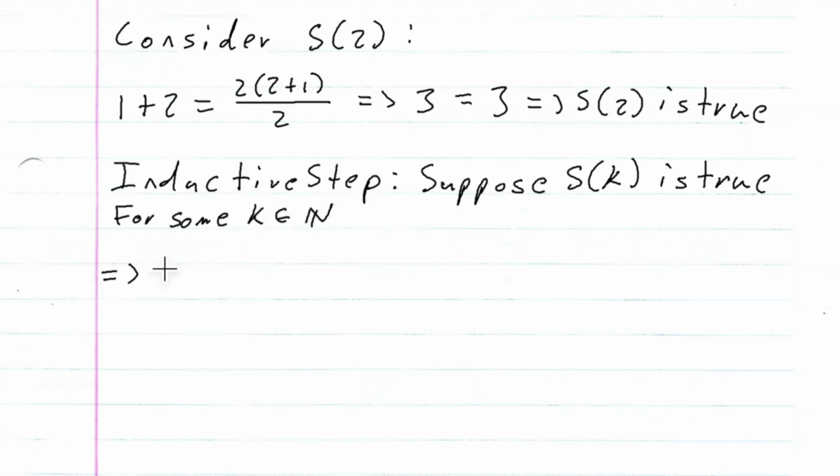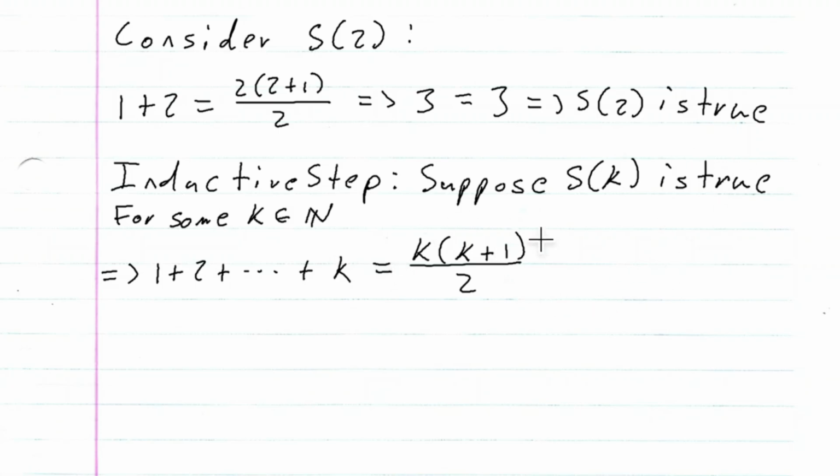So this basically says that the sum up to some k is equal to the formula k times k plus 1 over 2. Now, the inductive step tells us if we can assume that the statement we're looking at is true up to the kth natural number, and then from that assumption, we can prove that the statement works for the next natural number, which would be k plus 1, then PMI tells us that we can do that indefinitely, right?